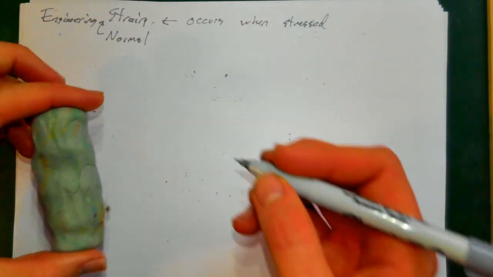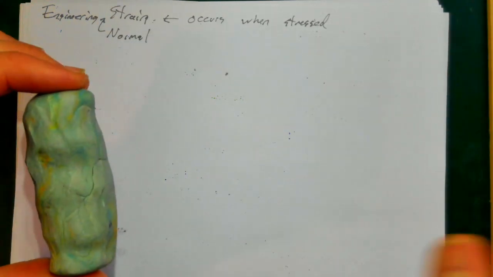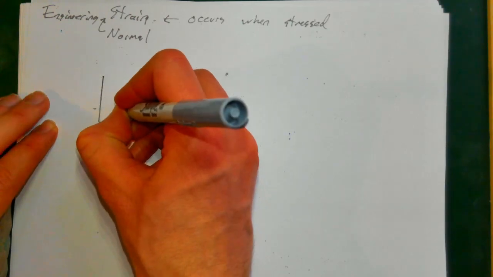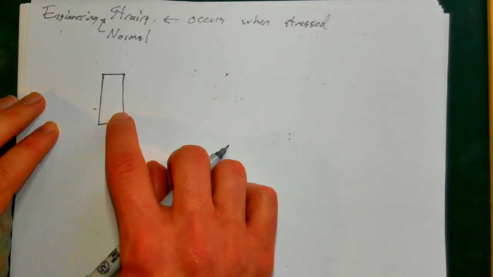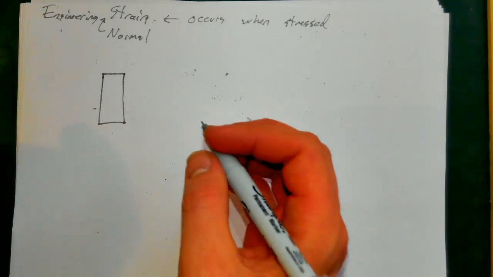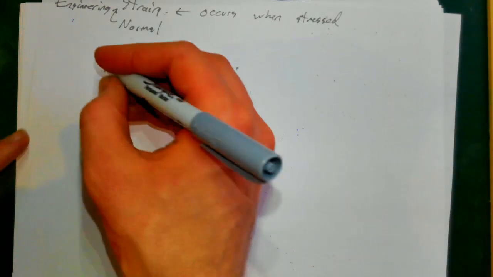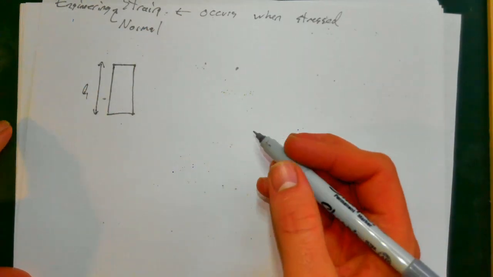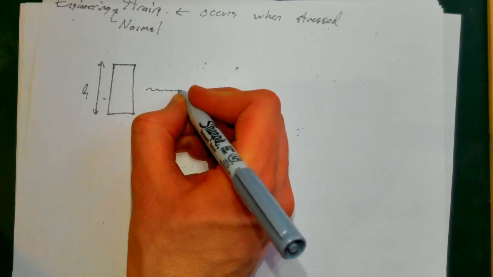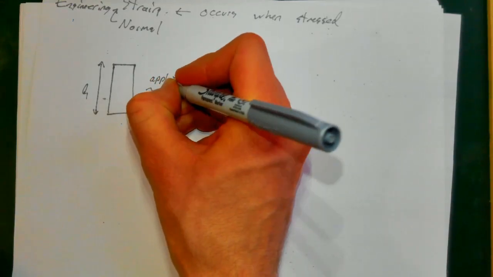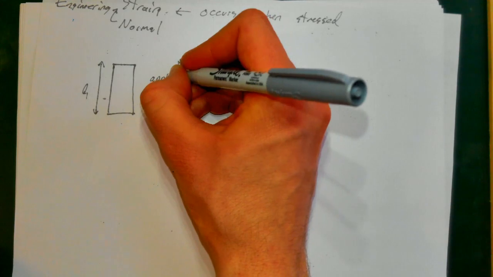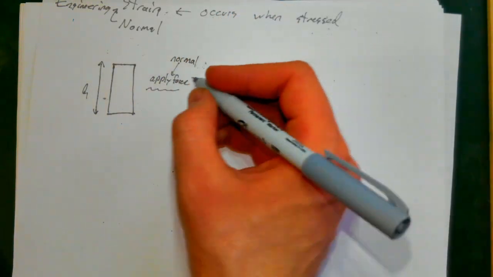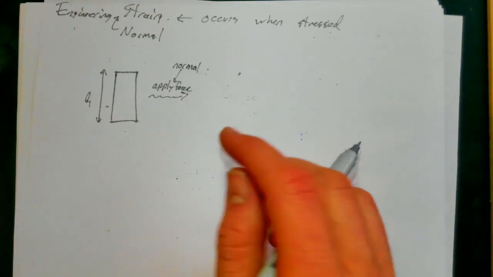So let's imagine it, right? Imagine I have my material. Some chunk could be Play-Doh, could be something else. So I have some chunk of material, and it might originally have some length, let's call it L1. Then I apply force, and in particular now I'm talking about applying normal forces. And what happens when I'm applying some normal force?